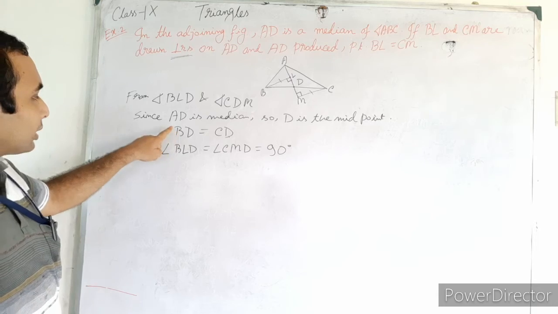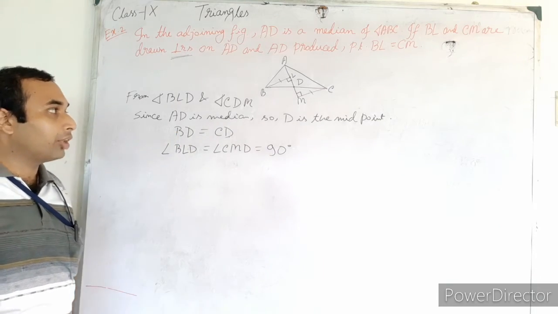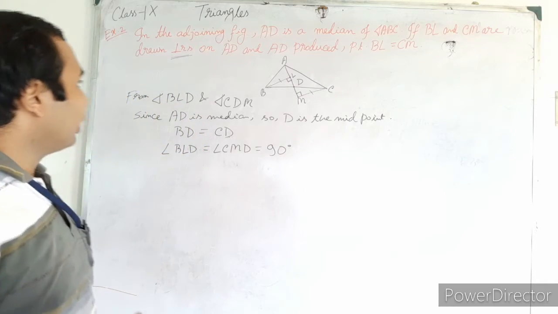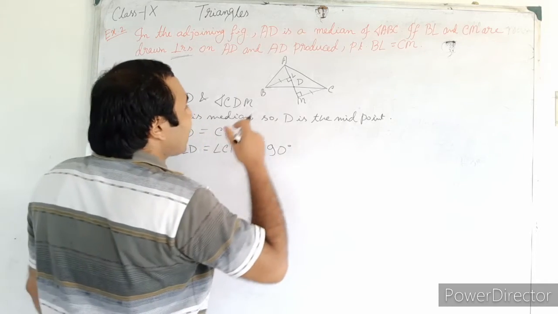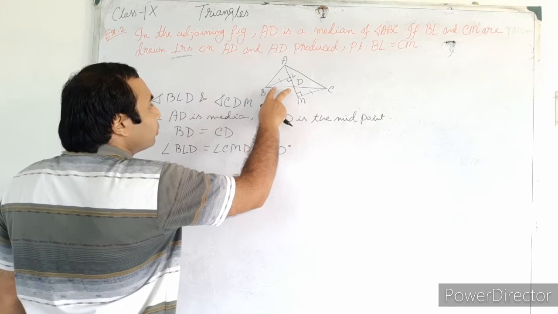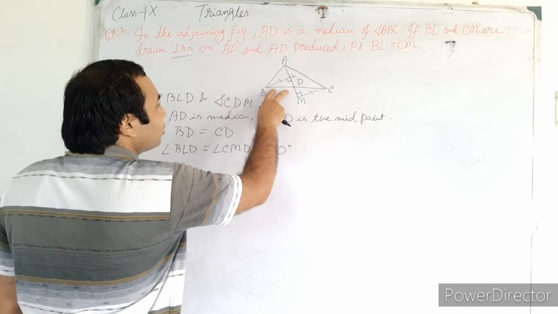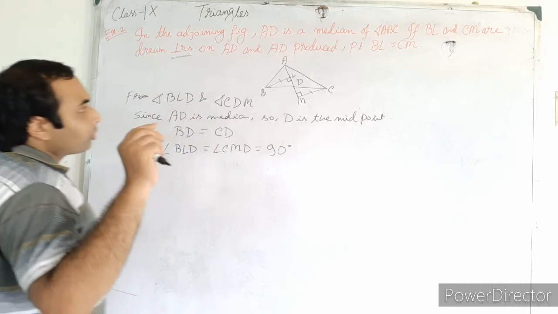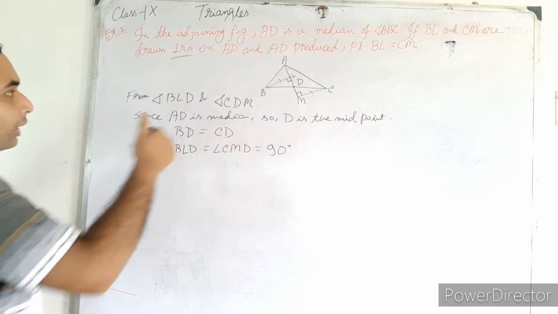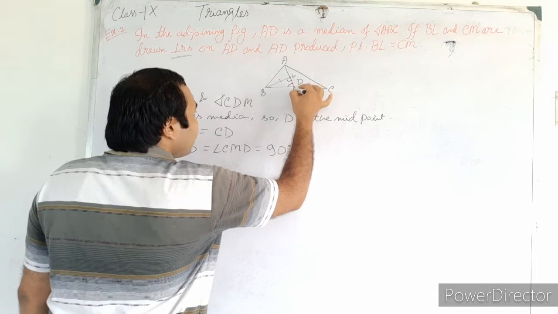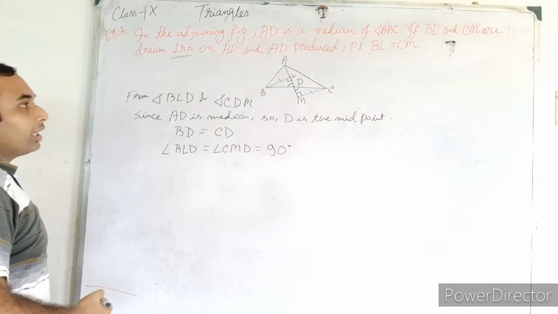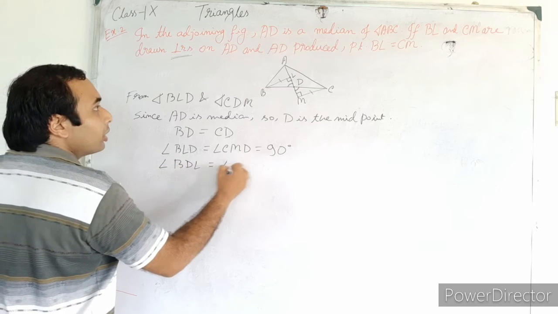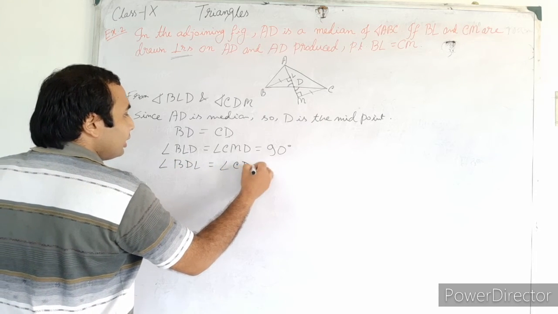So one side we have got, one angle we have got. We need either one side or one angle. So let us see if we are getting any sides. We have taken this one. No other common sides are there. So why not take one angle? Those are the vertically opposite angles. So angle BDL is equal to angle CDM.